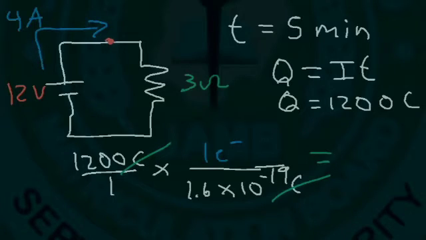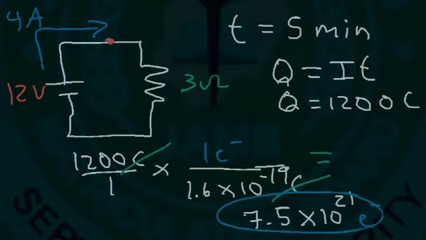So the charge divided by 1.6 times 10 to the negative 19 is equal to the number of electrons that flow through this point. So therefore, 7.5 times 10 to the 21 electrons are flowing at that point in 5 minutes. So in the course of 5 minutes, that's how many electrons have traveled past that point.